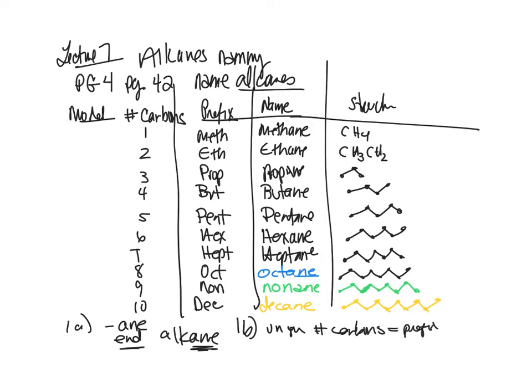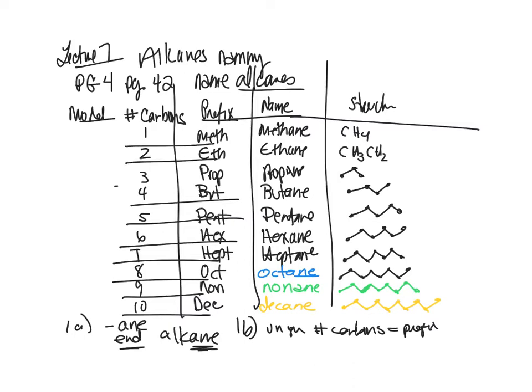Meth, ane, ethane means 2, propane is 3, butane is 4, pentane is 5, hexane is 6, heptane is 7, oct, like an octagon, is 8, nonane, non is 9, dec for 10, decane. Methane, ethane, propane, butane.